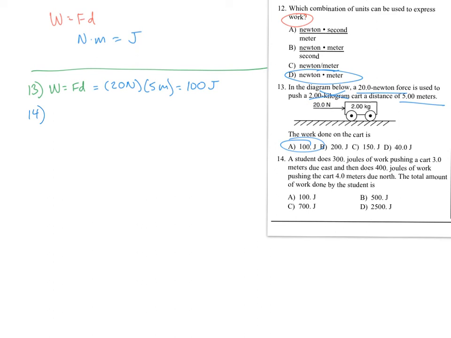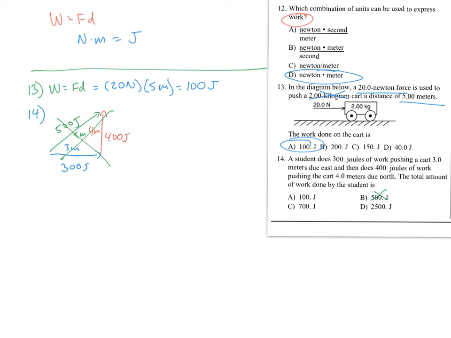The tendency might be to think of it as a Pythagorean triangle, where we have 300 joules on 3 meters east, and 4 meters with 400 joules, and the hypotenuse, probably our answer, 5 meters, 500 joules. Choice B has that answer, but it's wrong. We're not going to do that.